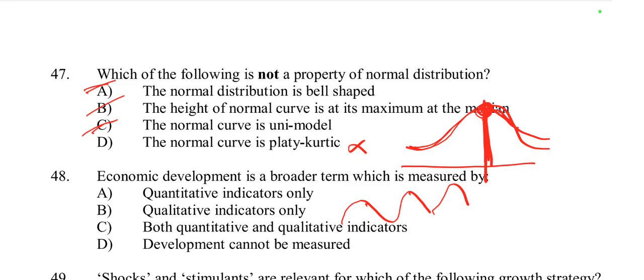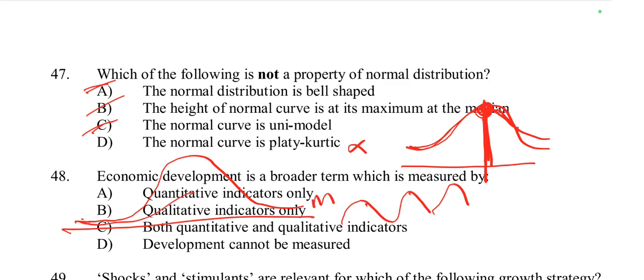A normal distribution has a kurtosis of 3, that is mesokurtic. A platykurtic distribution has flatter tails and less extreme values than a normal distribution. There are three kinds of distribution. First, the middle one is mesokurtic.